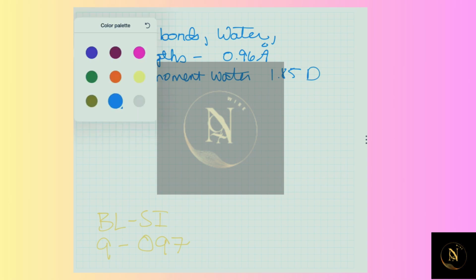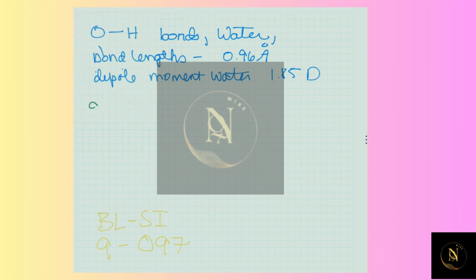Our first question, A, asks us to give the directions of the bond dipoles of the OH bonds, and the overall dipole moment of the water molecule. In order to do that, I'm going to sketch the molecule.